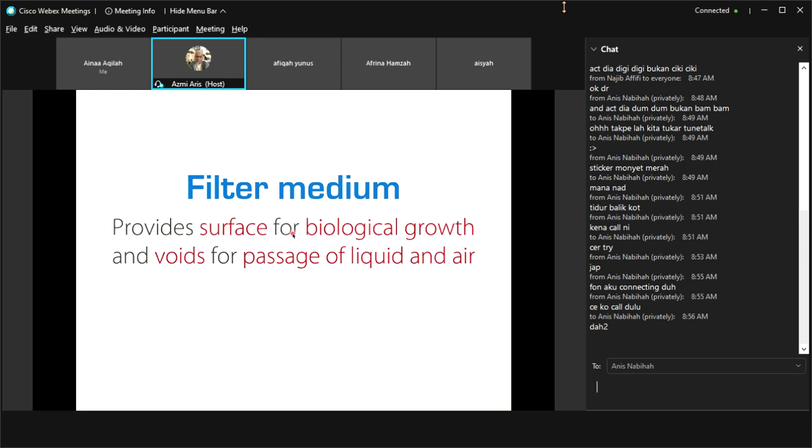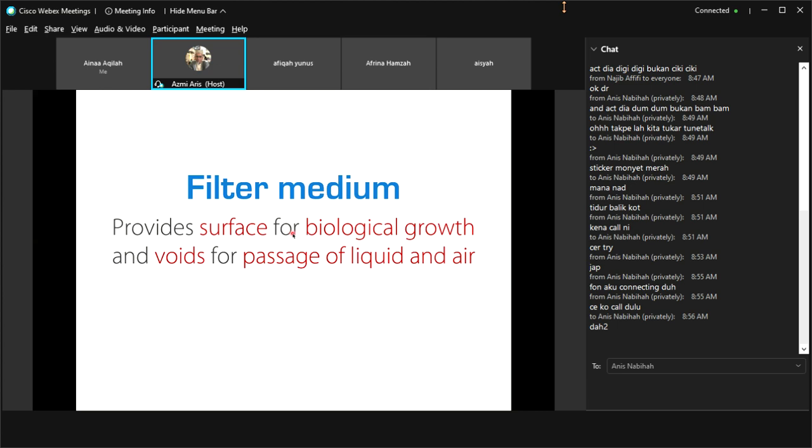On the filter media, as we know, it provides a surface for the biological growth, and it also contains pores or voids or openings for passage of liquid and air through the media. This is very important because if the media does not have sufficient voids or openings, then the solids will fill up the voids and block the flow of the liquid and also the air.